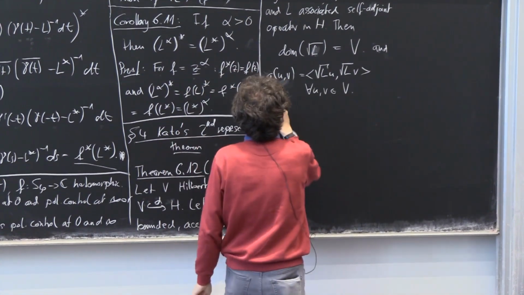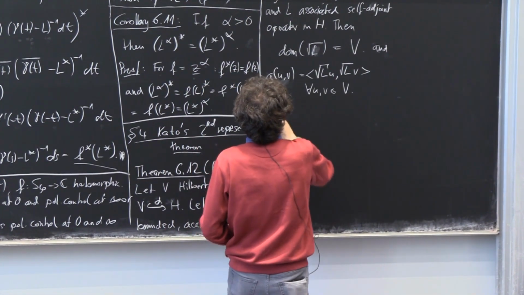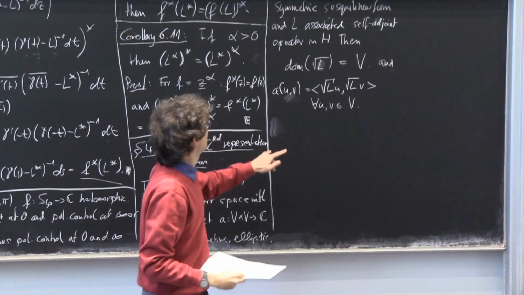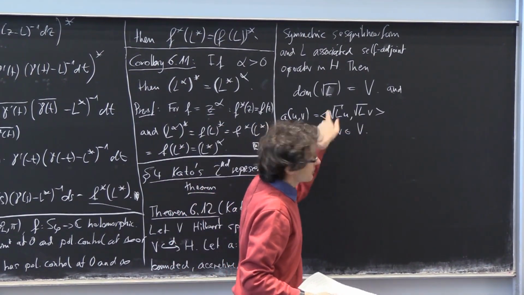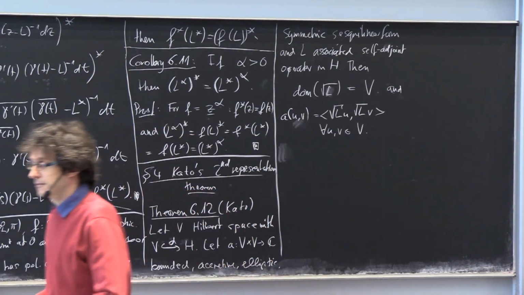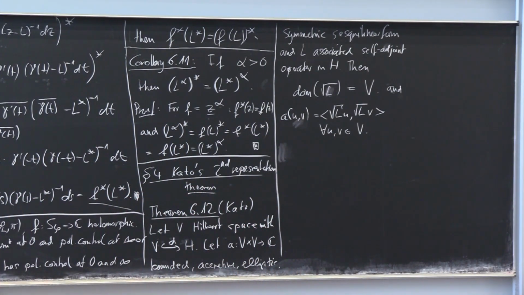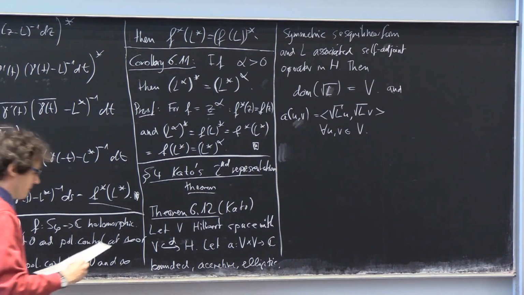This is also why it is called a representation theorem, because what is written here is that the form is represented by the operator square root of L via the H scalar product. So you can rewrite the form using the H scalar product by introducing this operator square root of L.